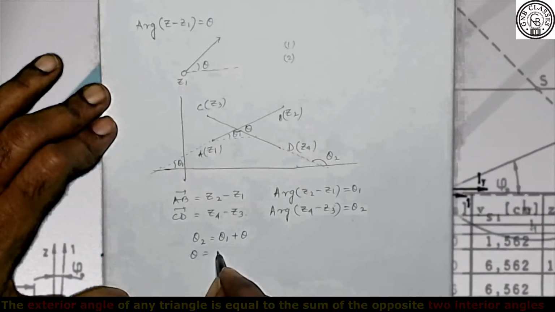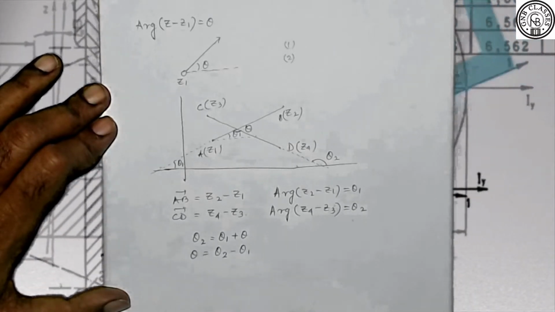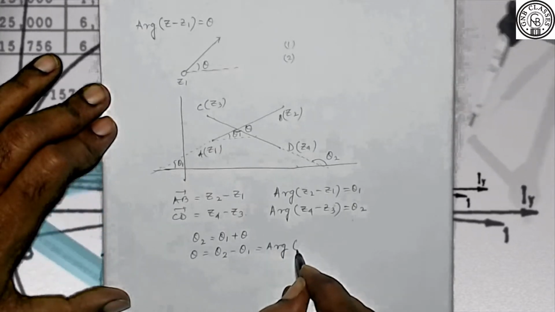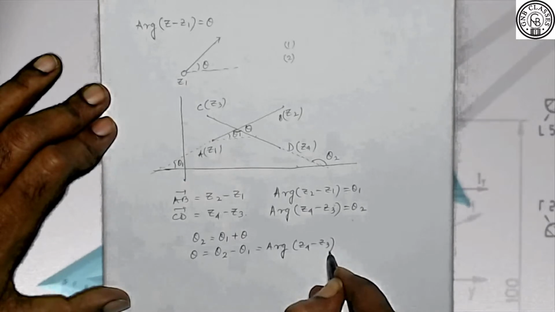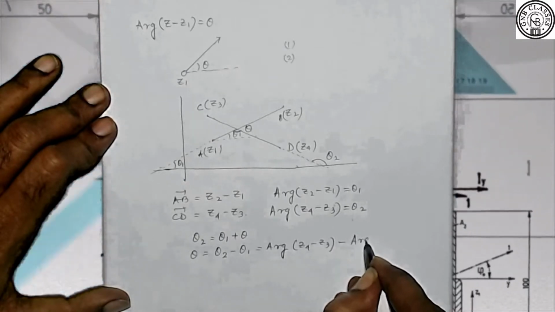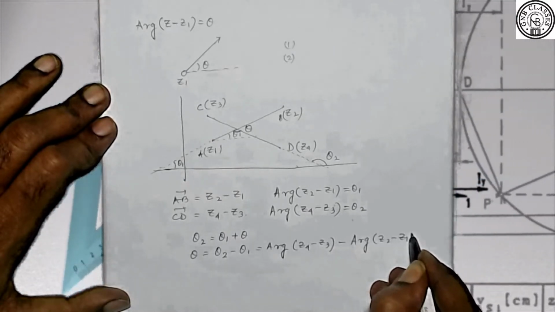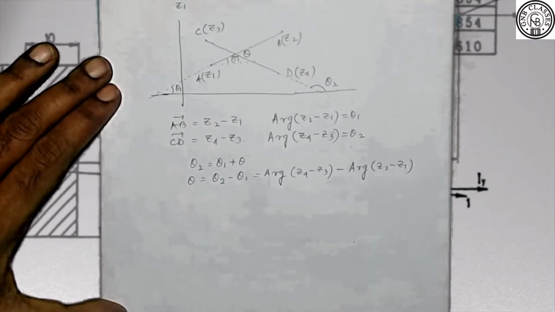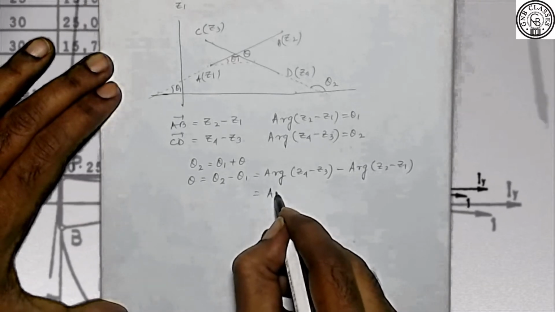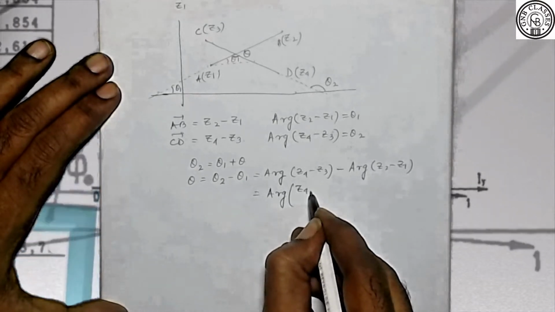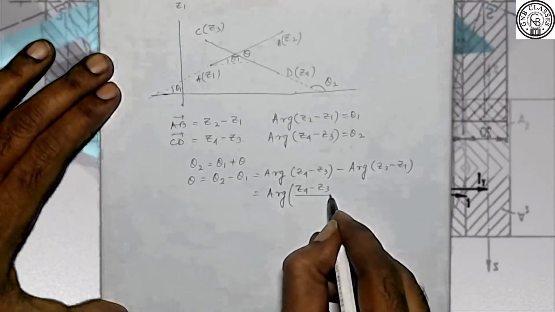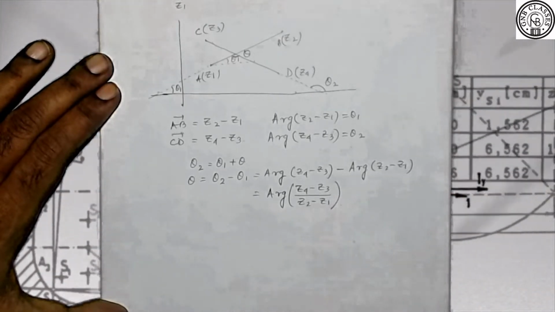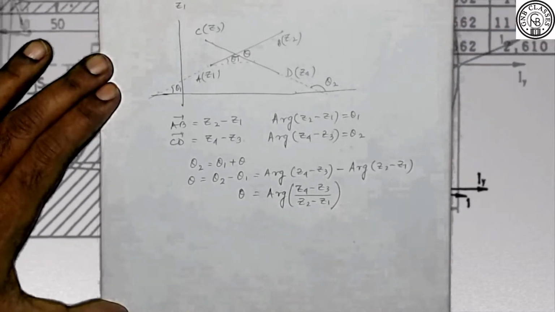So theta can be written as theta 2 minus theta 1, which is argument of z4 minus z3 minus argument of z2 minus z1. Now from the properties of argument, we can say this is nothing but argument of (z4 - z3)/(z2 - z1). Is it clear? Which is equal to theta.